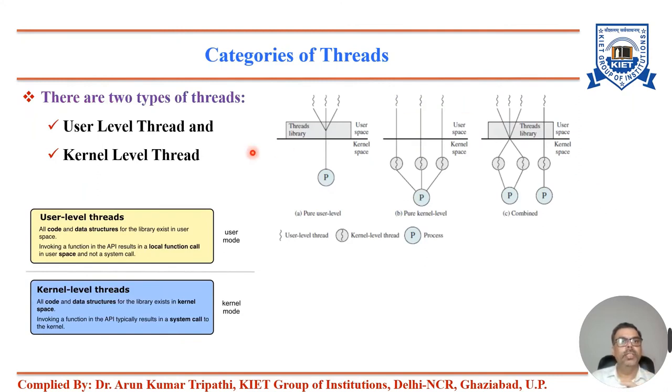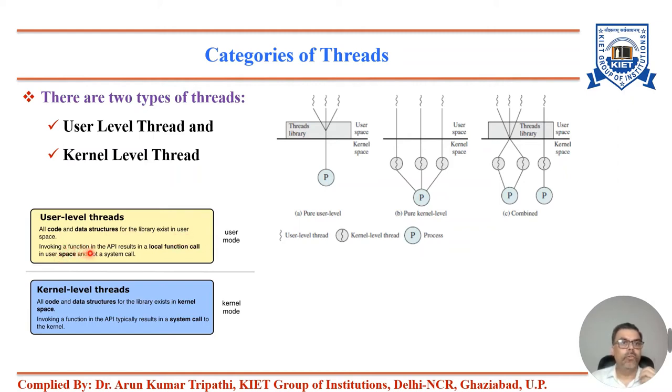Category of threads. There are two types of threads: user level thread and kernel level thread. As we have discussed, user space and kernel space. User level threads always run in the user space and kernel level threads always run in the kernel space. User level threads can be defined as all the code and data structures of the library exist in user space.